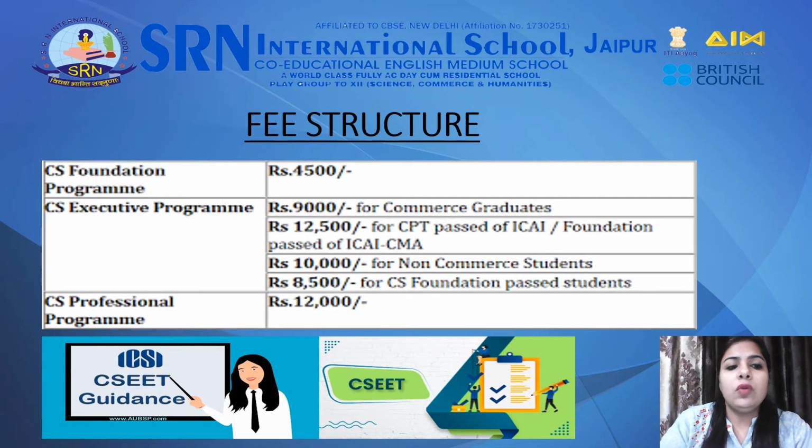Okay, so now let us talk about the fee structure of the complete course. If we talk about the complete CS program fee structure, for CS Foundation, the fee is 4,500.